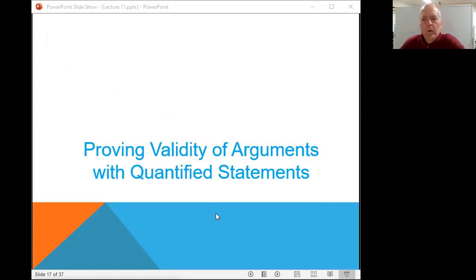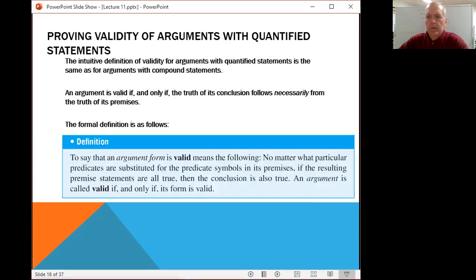Okay, let's look at how we prove the validity of arguments using quantified statements. We say that an argument is valid if and only if the truth of the conclusion follows necessarily from the truth of its premises.